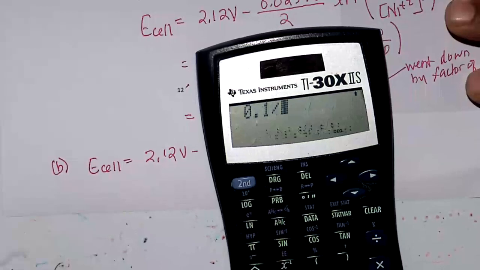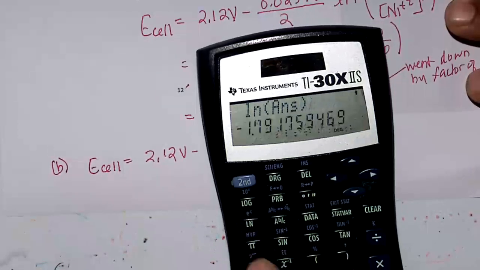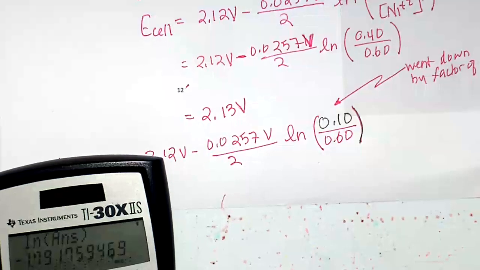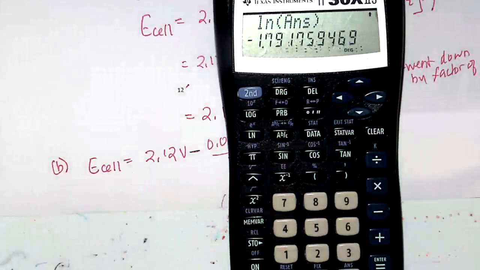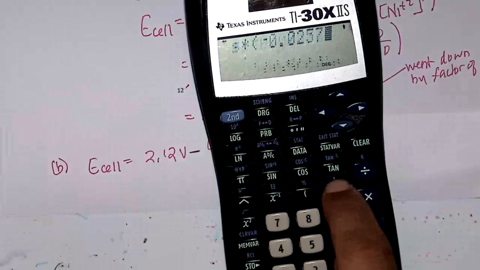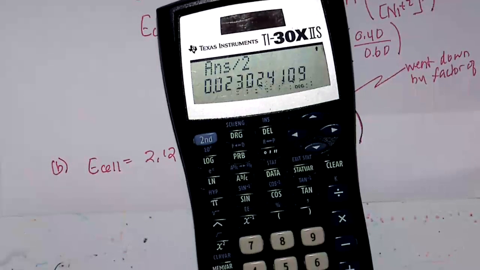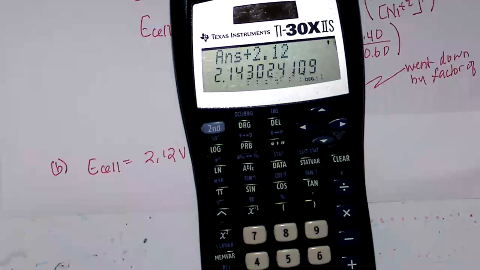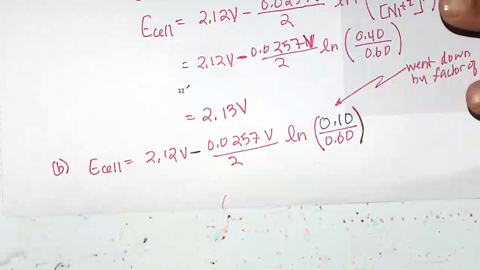Natural log of 0.1 over 0.6. We'll take the natural log of that. Okay, so that's minus, so minus times, look here, everyone, minus times a minus 0.0257. Okay, that's that number. We're going to divide it by 2. And then positive 2.12. Getting about 2.14 volts. Okay, 2.14 volts.